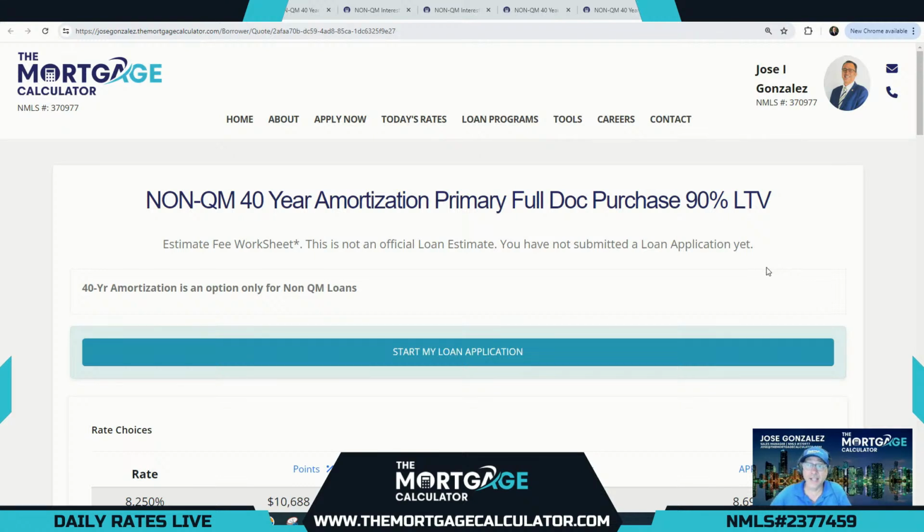And the good thing is that the 40-year amortization stretches out the payment to 480 months as opposed to 360 months. So you are going to have a slightly lower principal amount to your payment, right? Because you're stretching it out over 120 more months. But on the flip side, you are going to have additional interest expense.